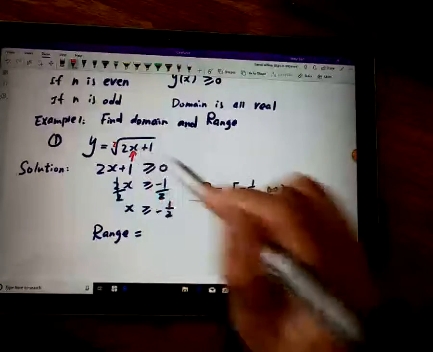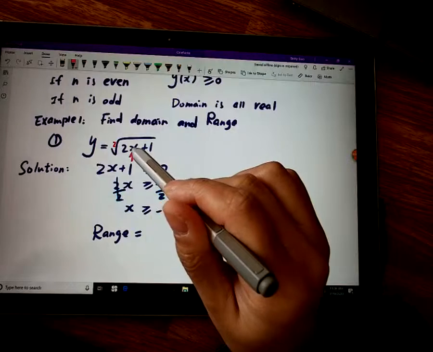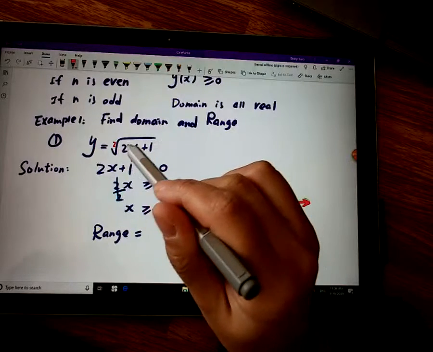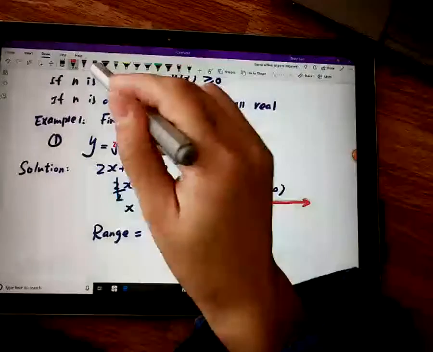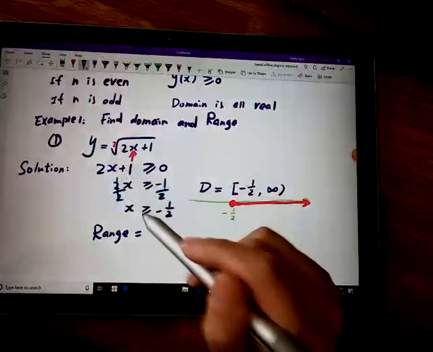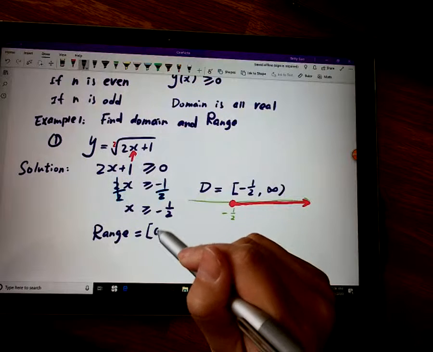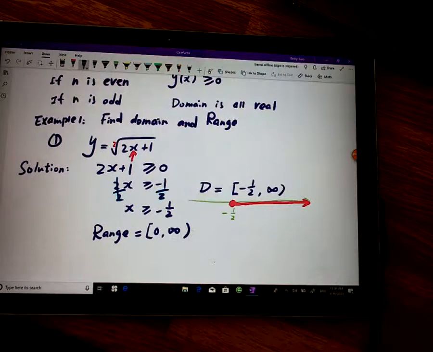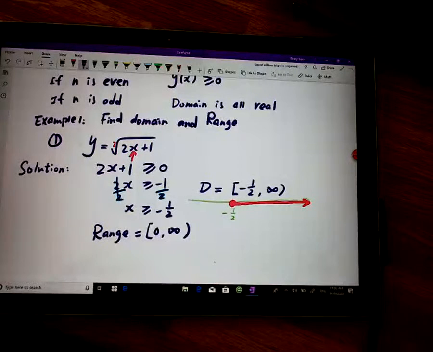The minimum value for x is negative half. If you plug in x equals negative half, the radicand is 0. So the range of the function, the minimum value of y, is 0. All the non-negative values, all positive real numbers including 0. That is the range.